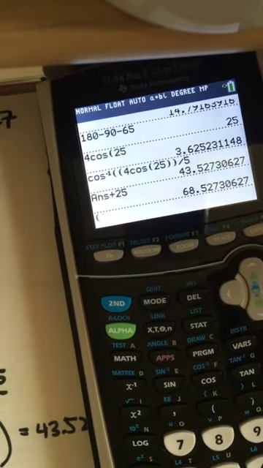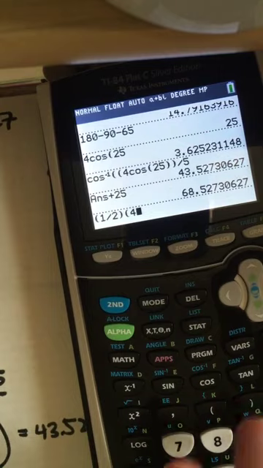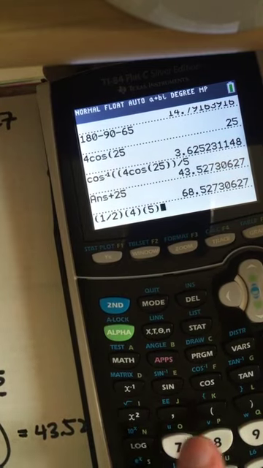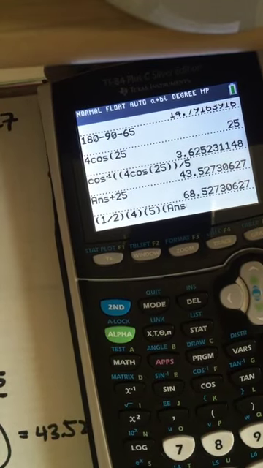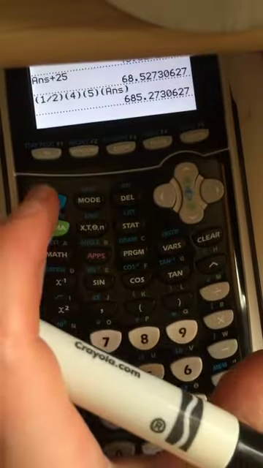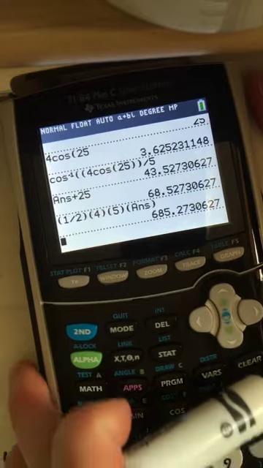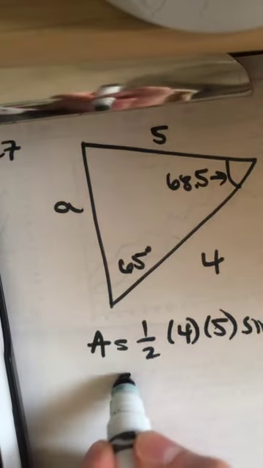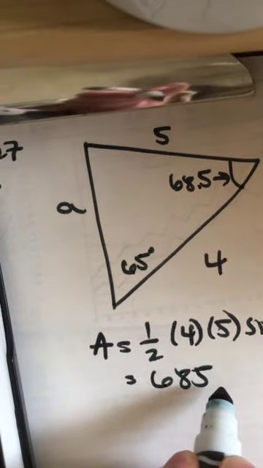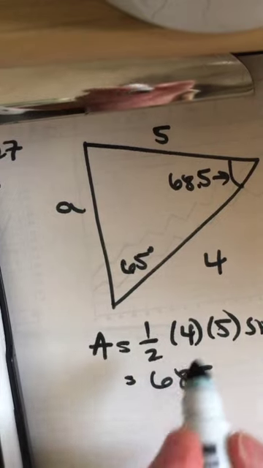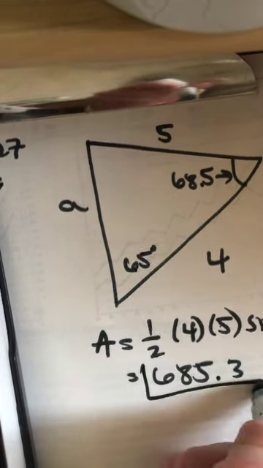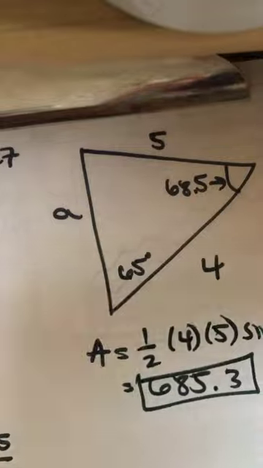I'm going to do 1/2 times 4 times 5, and then to reference my previous answer, I'm clicking second answer. Hit enter, so I get 6.85. So the area is 6.85, to the nearest tenth, 6.9. And we don't have units, so we're stuck there.